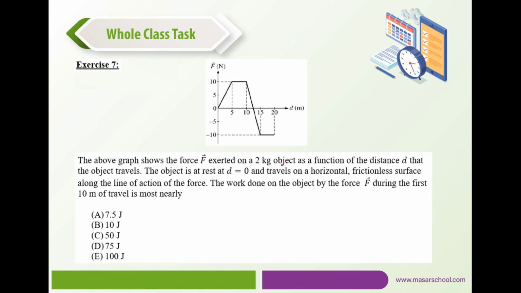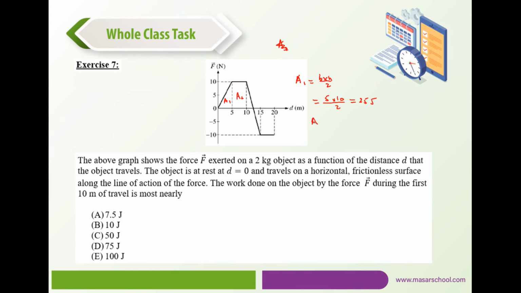The work done on the object by the force during the first 10 meters of the travel is most nearly. So we need to calculate the work done, not for the whole travel, but just for the 10 meters. So this is area A1, and that would be the area A2. The area A1 would be base times height over 2, which is 5 times 10 divided by 2, and that would be 25 joules.